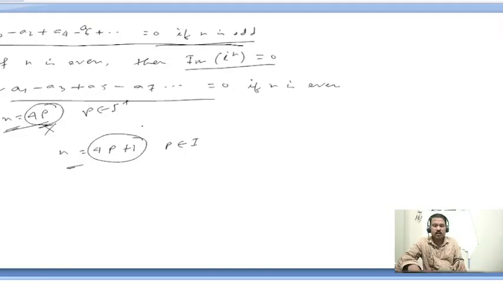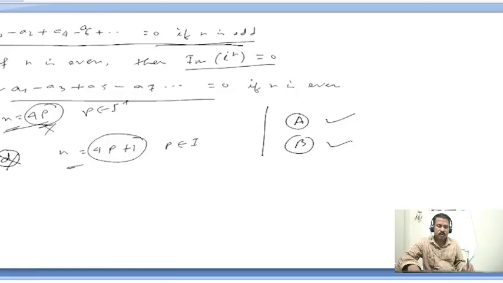So this is also discarded, so c and d are incorrect answers, whereas a and b are the correct answers.